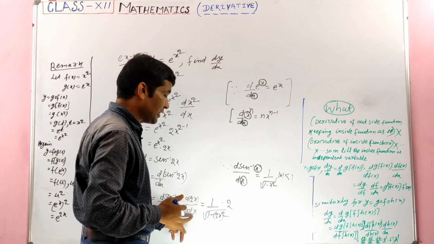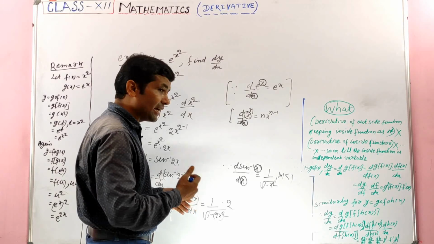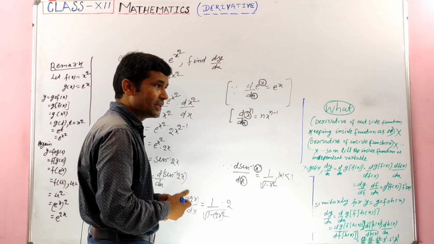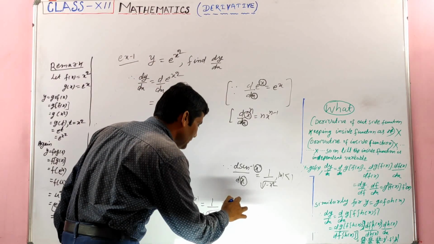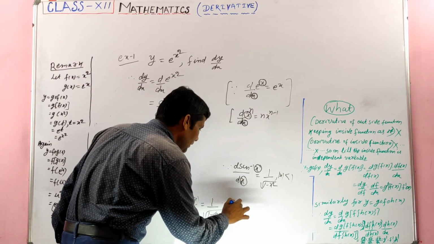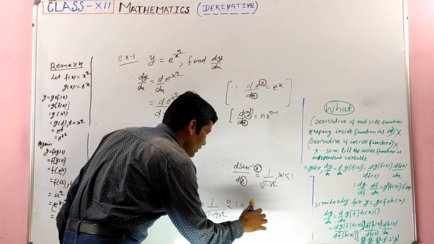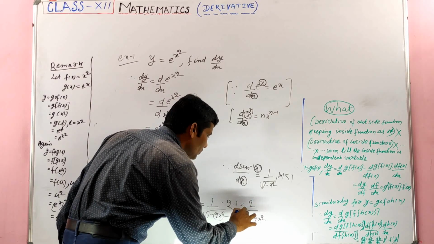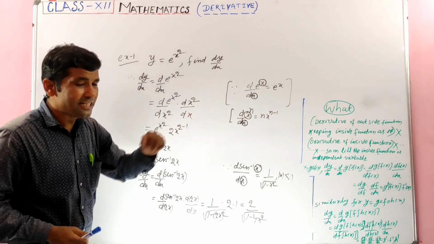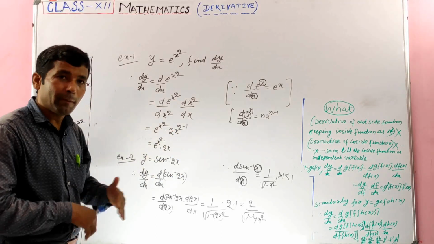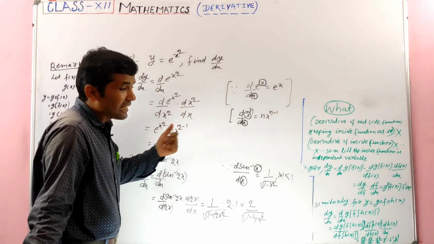So dx by dx means the independent variable is x and the function is also x, so the derivative of x is 1. 2 into 1 equals 2, so the answer is 2 by square root of 1 minus 4x square. This is the chain rule. Here, what is the chain rule? How is it used? And the answers.